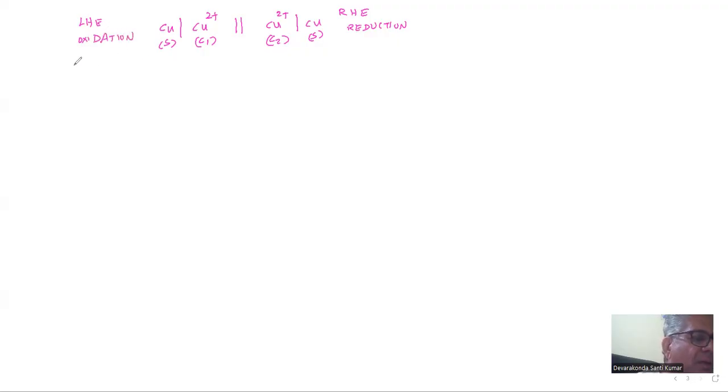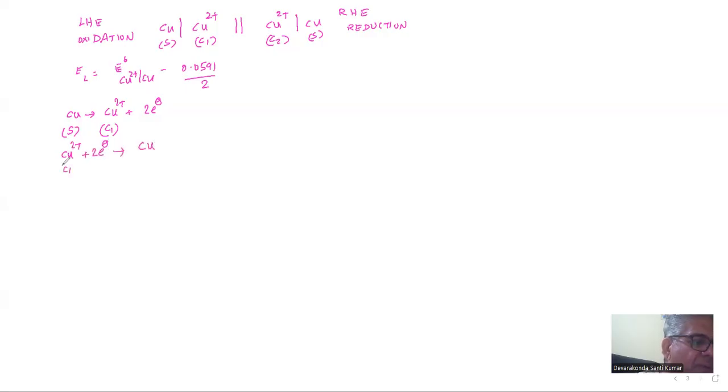So now let us write down the EL. EL is equal to E0 of Cu2+ bar Cu minus 0.0591 by 2. Here oxidation takes place. So this is the oxidation reaction: Cu gives rise to Cu2+ plus 2e minus. This is the solid and this is C1 concentration. But once you write the Nernst equation, we write it in the reduction form: Cu2+ plus 2e minus gives rise to Cu.